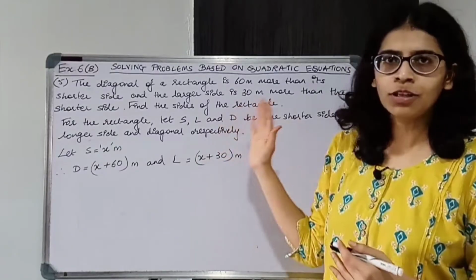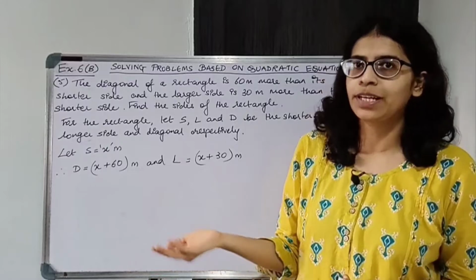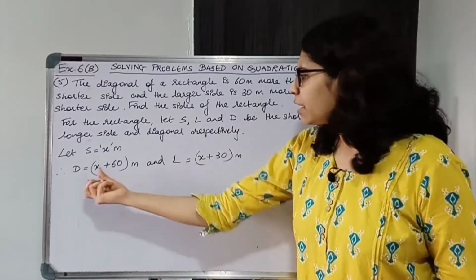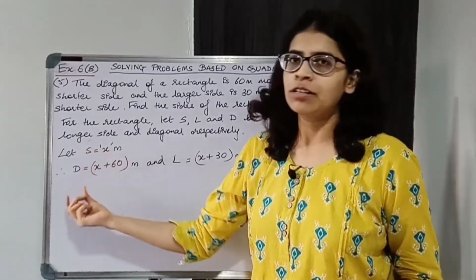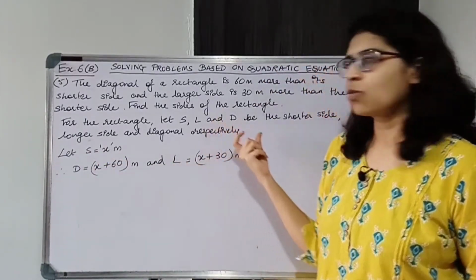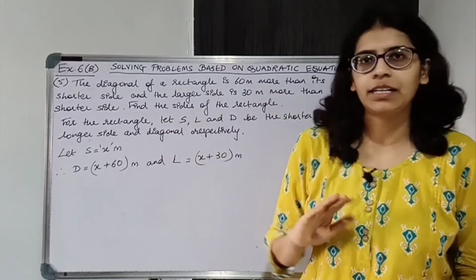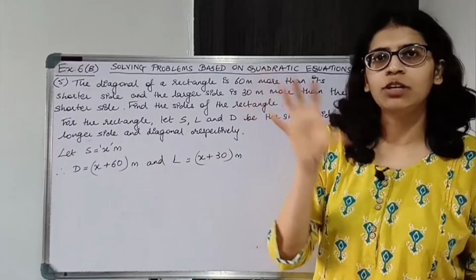You can write down shorter side is equal to x, longer side is equal to x plus 30, diagonal is equal to x plus 60. You can write down full words. So to simplify it, I have considered letters as the sides. Okay. So S को shorter side ले लिया, L को longer side ले लिया and D को diagonal ले लिया. Okay, so it becomes easy to form the equations.